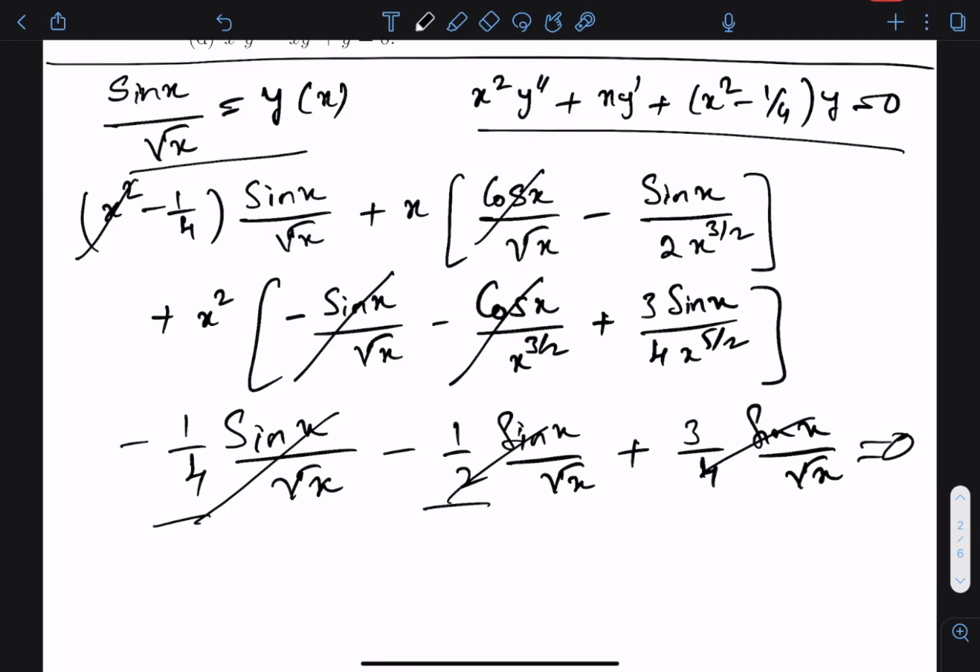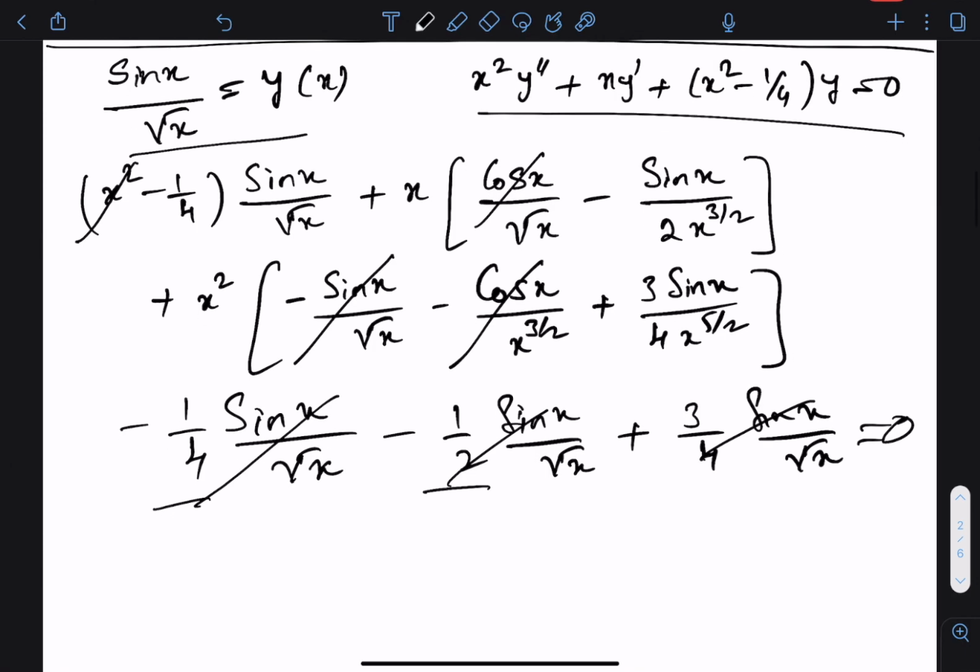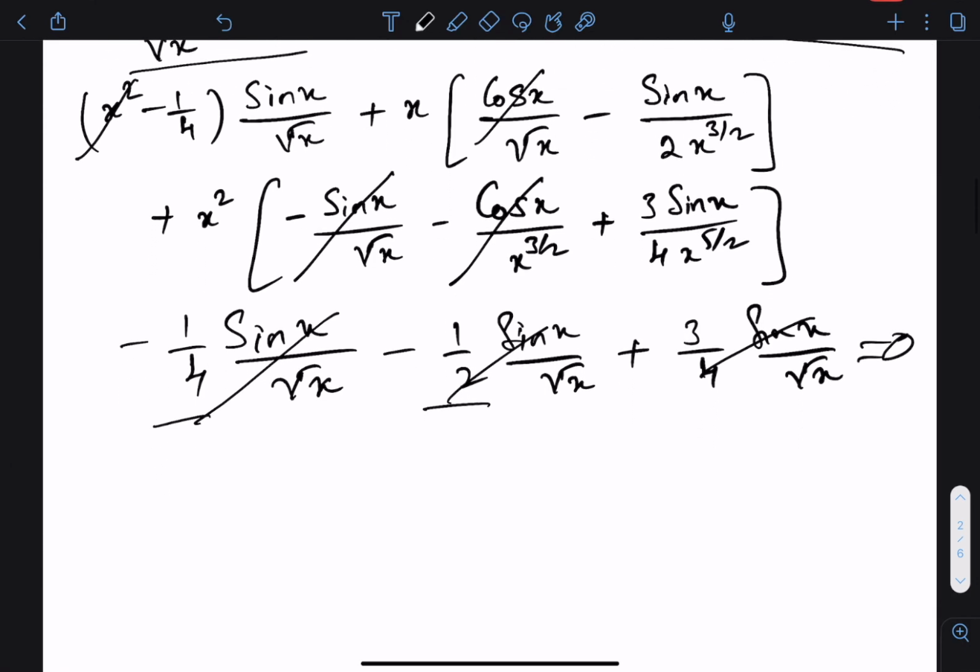Now what we need to find is a general solution, which means we need to find a linearly independent solution. For that we know the technique: we introduce another function u2 of x, which is v of x multiplied by the given solution, sine x over root x.